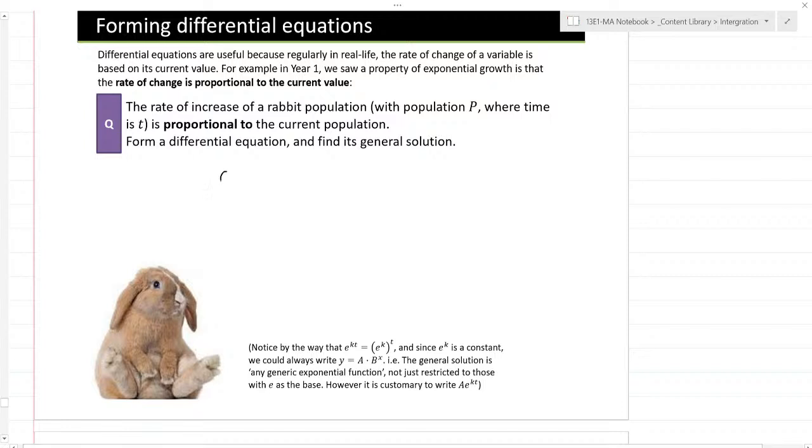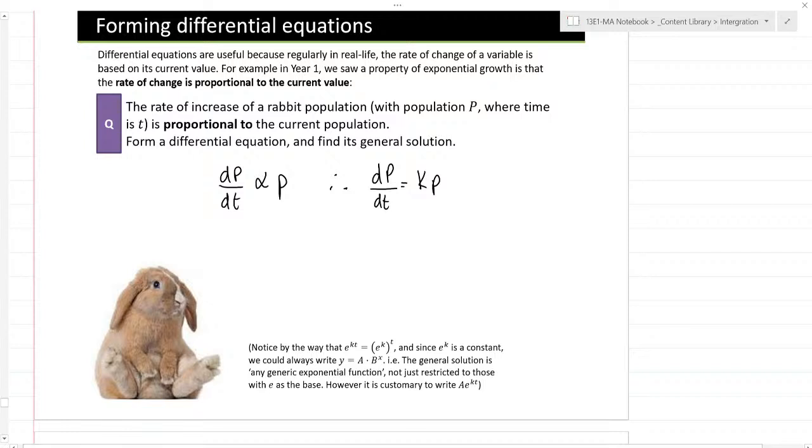Yeah, so it's going to be the change in P over the change in T is proportional to the current population, which in this case is going to be equal to P. That's your starting point here. Everybody all right with that? So basically, this means here that the rate of change in the population is equal to some constant times by P. Everybody all right with that?